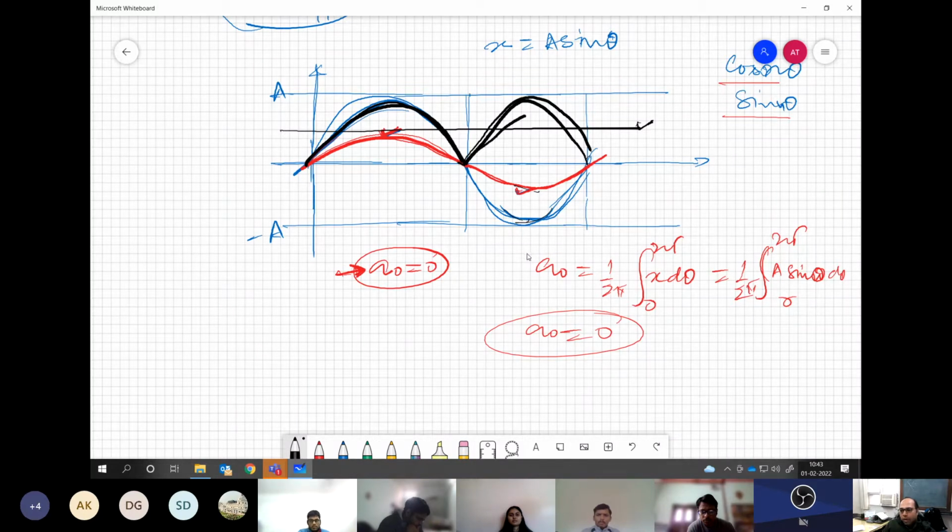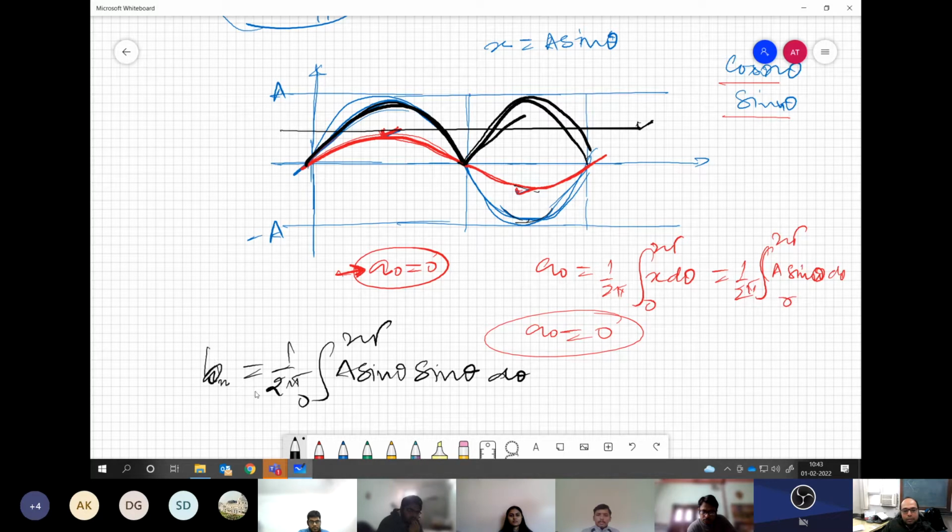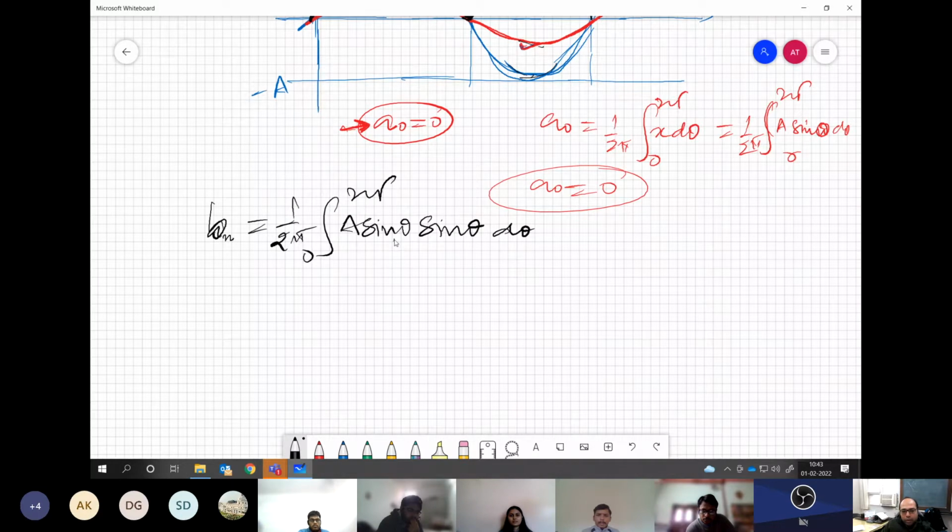You understand this point? If you multiply sine theta with sine theta, integrate and take the average, only when these two have the same nature, that means the same frequency as well as the same orientation, will you find a non-zero value.